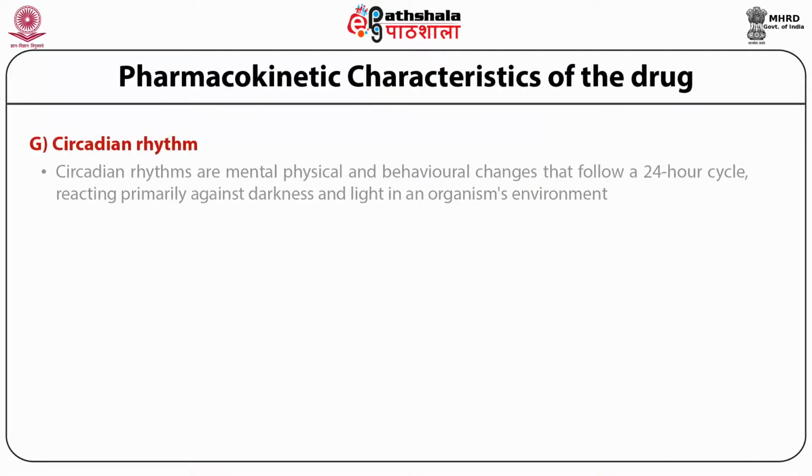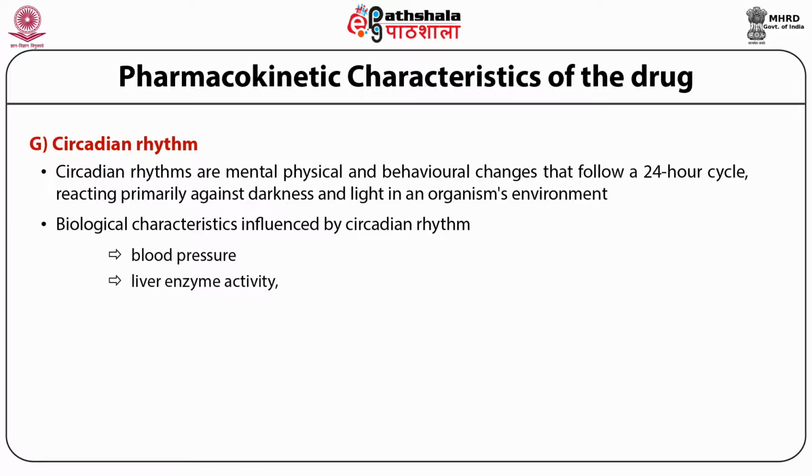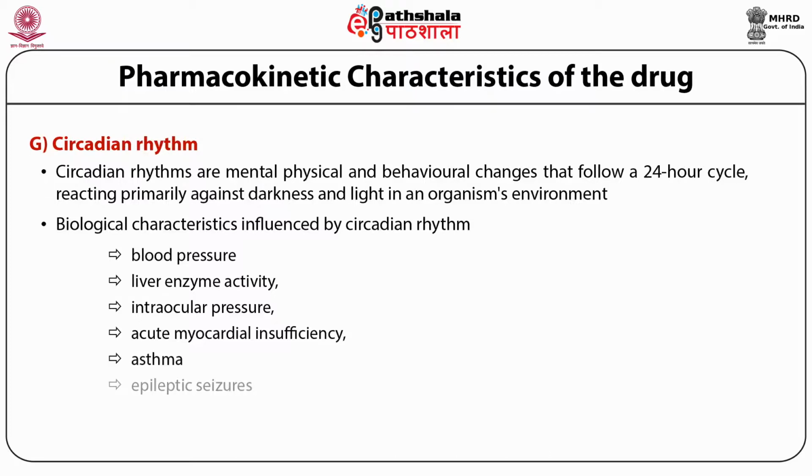Circadian rhythm. Circadian rhythms are mental, physical, and behavioral changes that follow a 24-hour cycle, reacting primarily to darkness and light in an organism's environment. Many biological characteristics like blood pressure, liver enzyme activity, intraocular pressure, and conditions like acute myocardial insufficiency, asthma, and epileptic seizures are known to be influenced by the circadian rhythm.